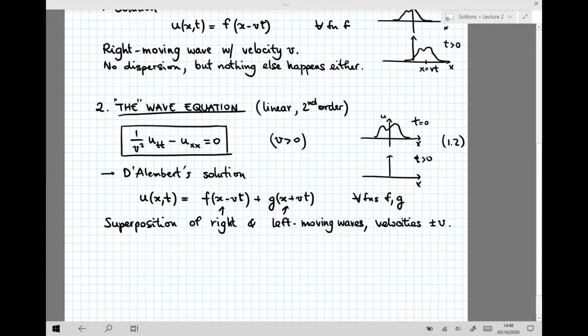And here, for instance, f might be like this, sorry, g, let's say that this is g, and f would be like this, so they move to the right or to the left with the velocity plus or minus v. And so at a later time, t larger than 0, f will have moved to the right, so it will be somewhere here. And g will have moved to the left, somewhere there.